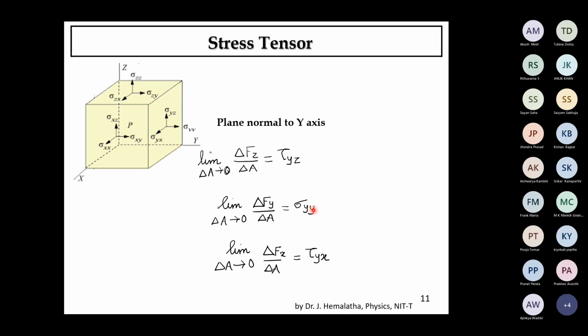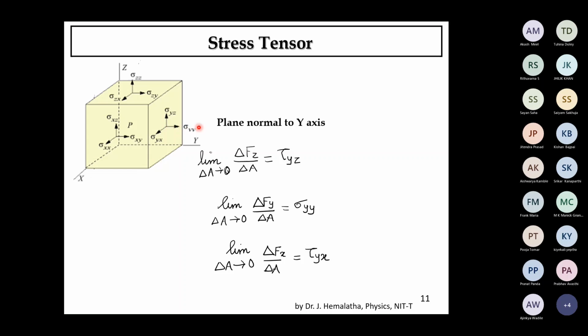And when the y component is acting on the plane perpendicular to the y-axis, it is the normal stress, so it is sigma yy. So this is nothing but this plane, the one which is perpendicular to the y-axis, right?